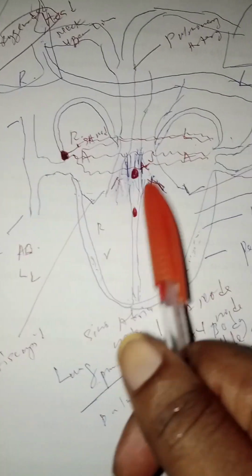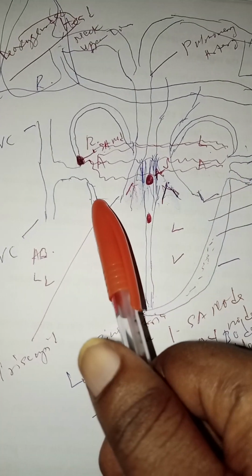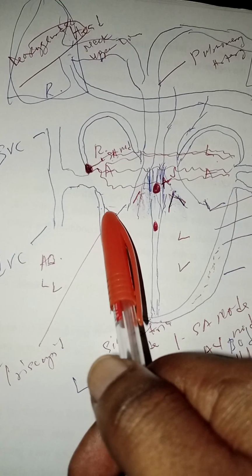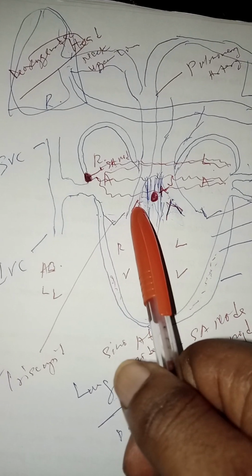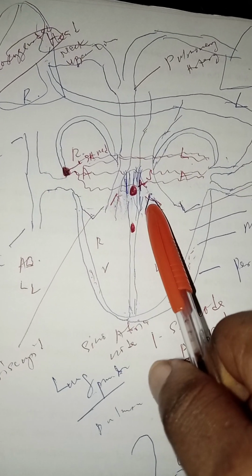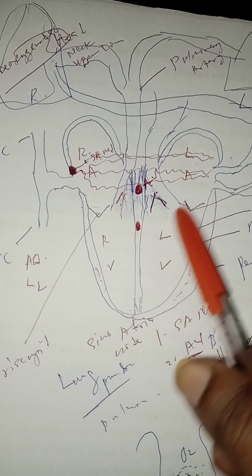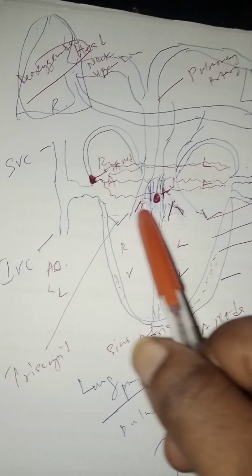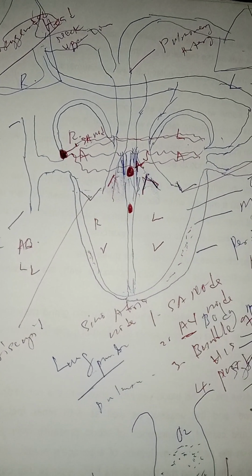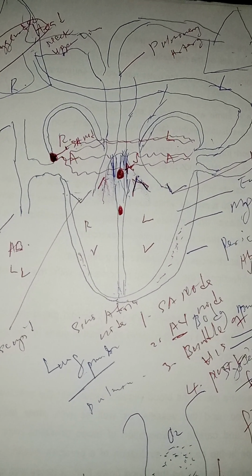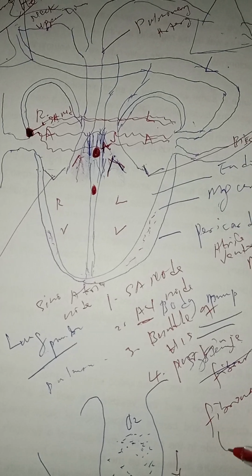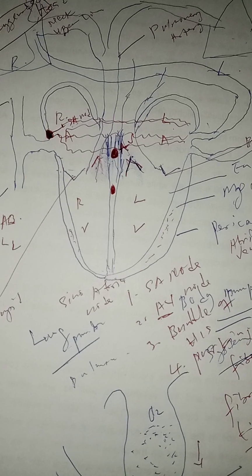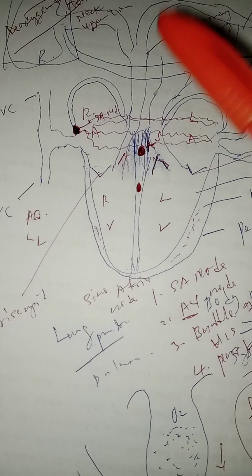Why do we call it the valvular region of the heart? It is because this is where we have all the valves lined up: the tricuspid valve, the pulmonary valve, the aortic valve, and the bicuspid valve. This valvular region contains fibrous tissue, and fibrous tissues do not conduct electricity.